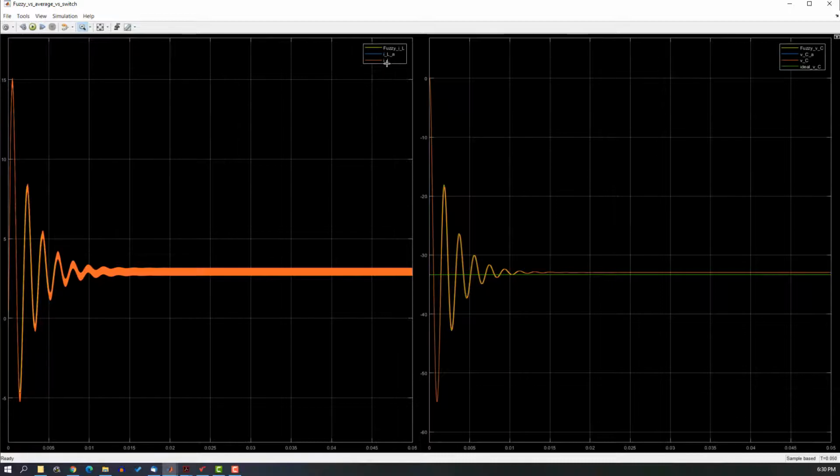The real model, which is the IL, the average model will be ILA, and the fuzzy. But just ignore the ILA. Just focus on the fuzzy and the detail model. So this is the behavior of the system.